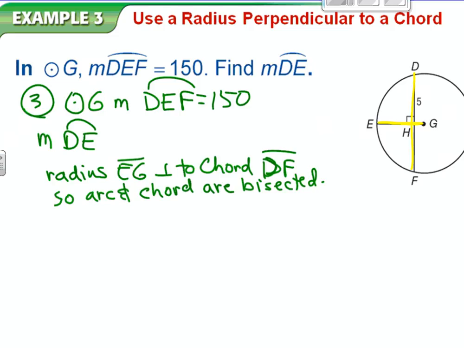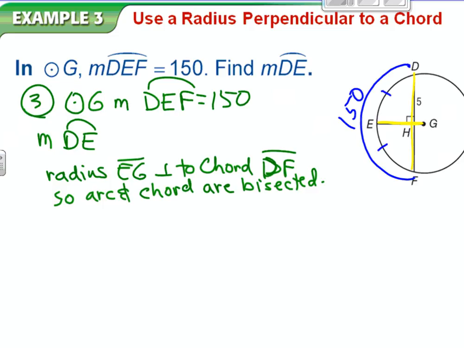So we actually know a bunch of things that were not even asked for in this problem. So if DH is 5, then HF is also 5, and that chord DF is 10. Since we were told the measure of arc DEF, that whole arc right there is 150.